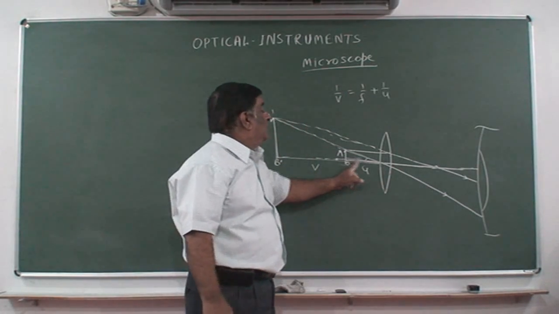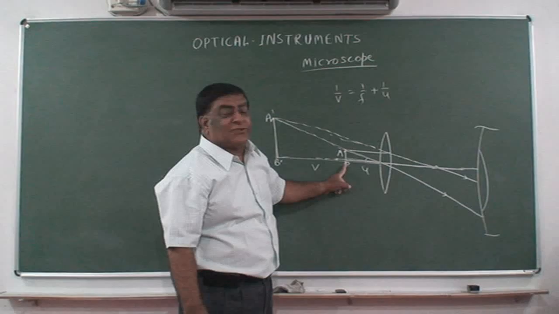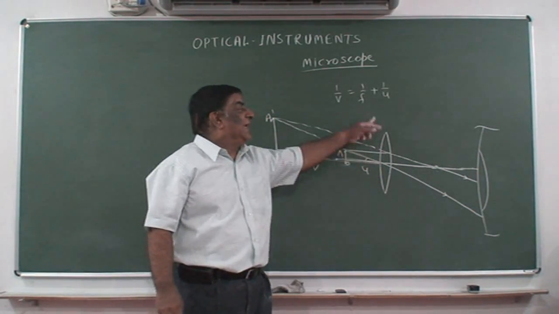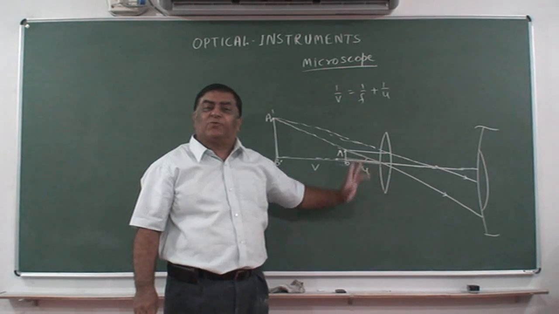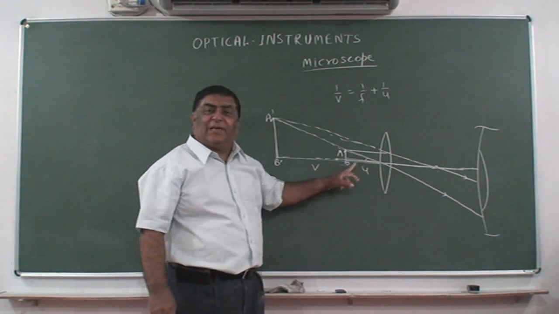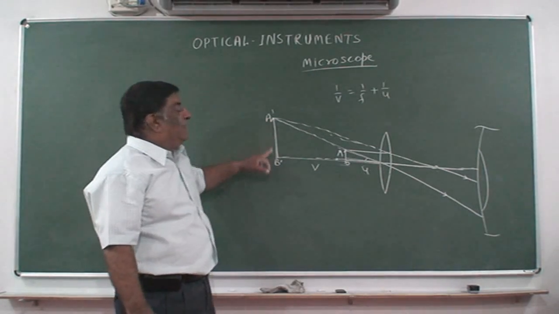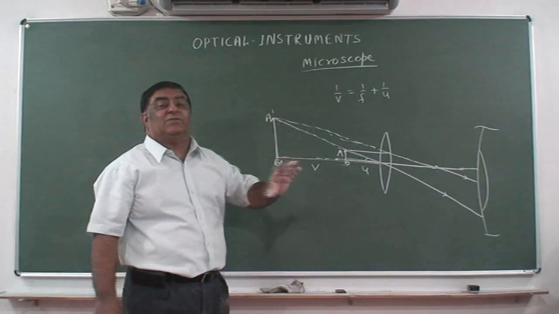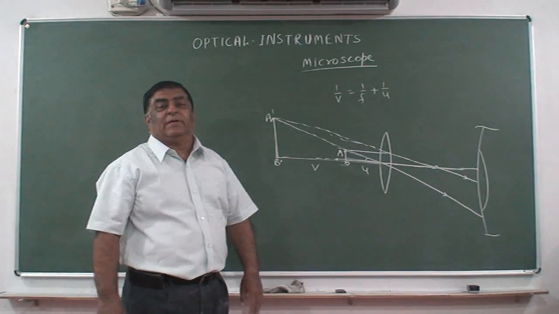Where should we keep this object? How much should be the value of U in case of a simple microscope? The answer is, this should be kept in such a way that V is so much that A dash B dash is very clear to us.